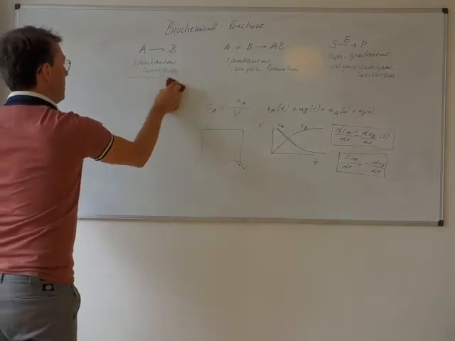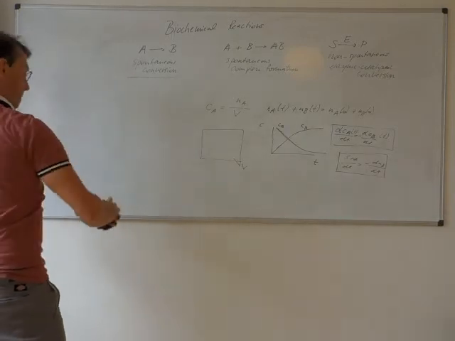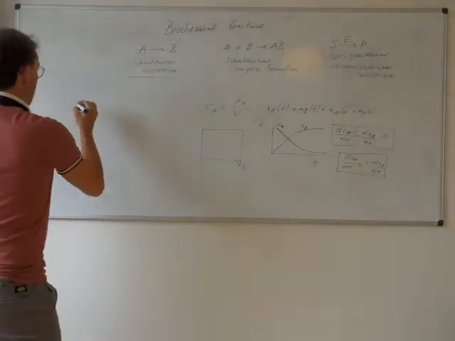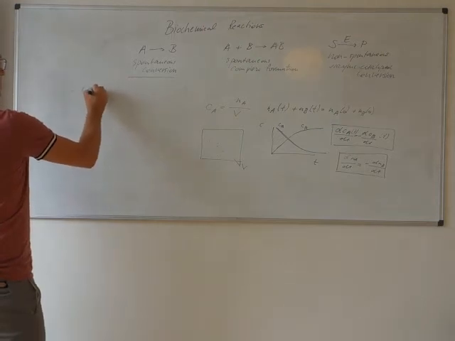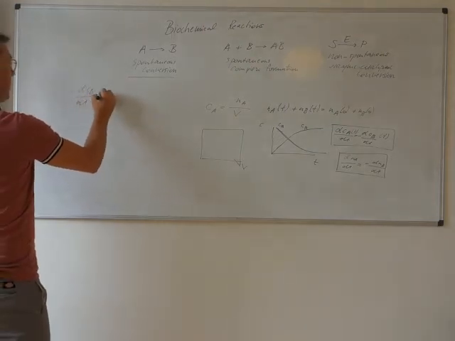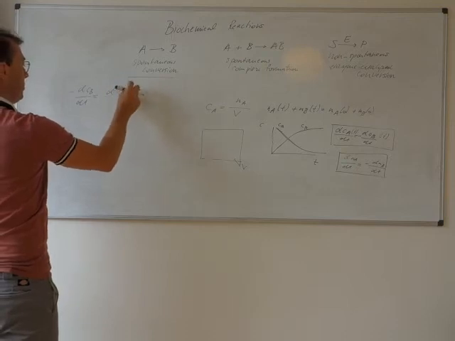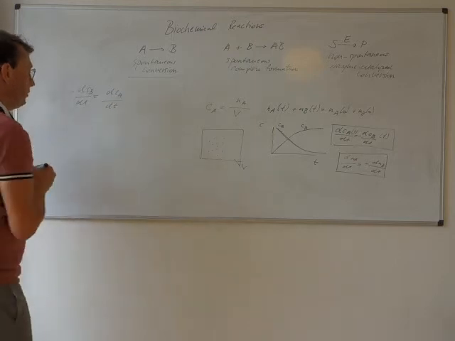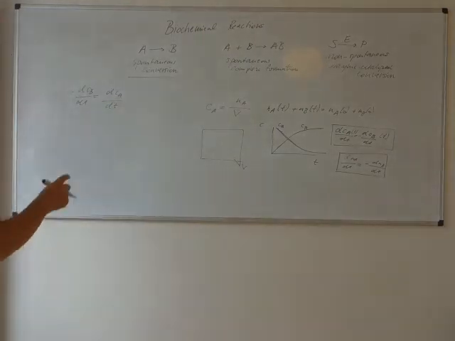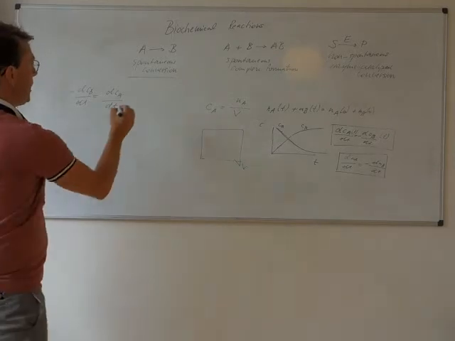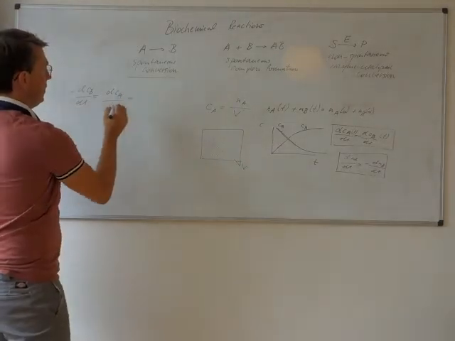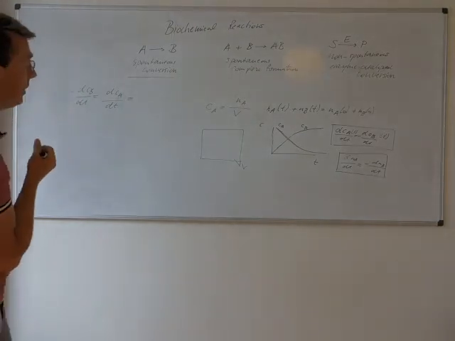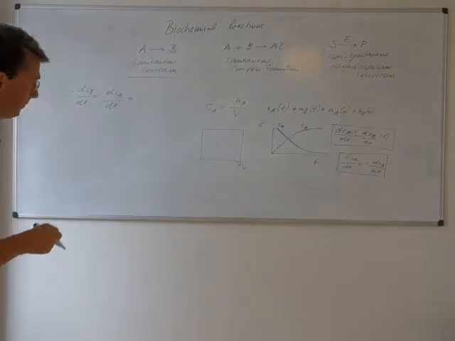Now the next step is the following. What we realize now is that the change in the concentration of A is going to be equal to minus the change in the concentration of B. But how are these changes related to the number of molecules of A?